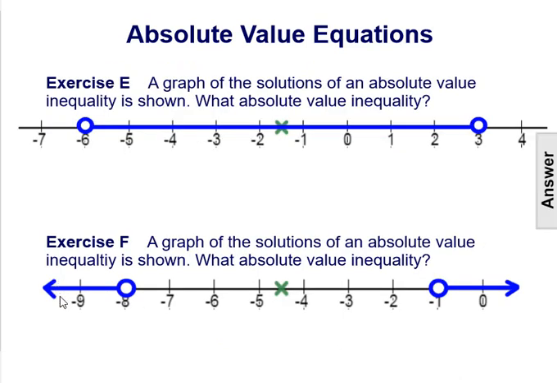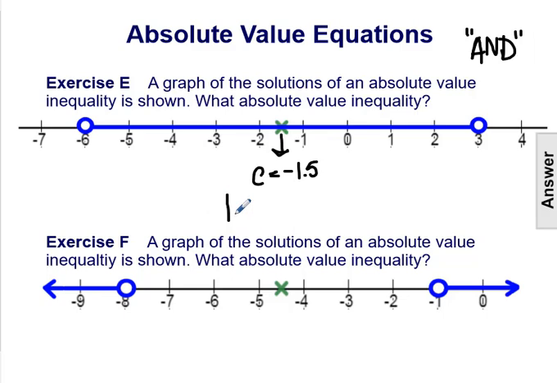Here are two more just for good practice. So we have the graph of the solution set. Now this graph is an and compound inequality. The shading is in between two values. And it looks like we have a center c of negative 1.5.